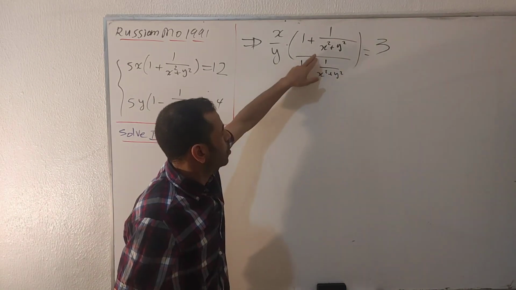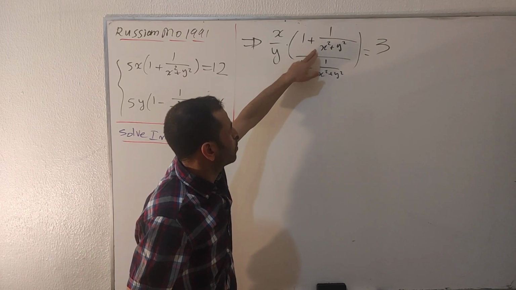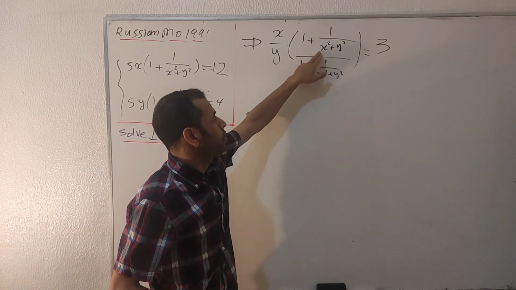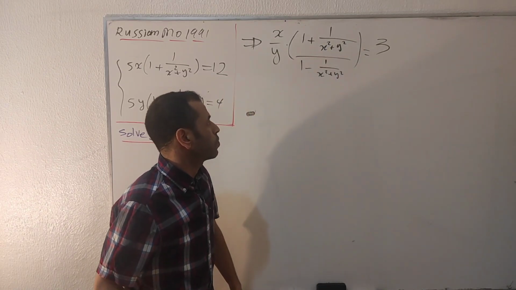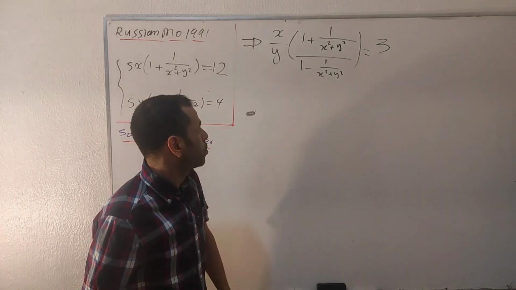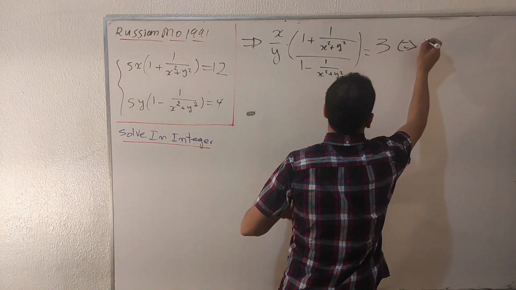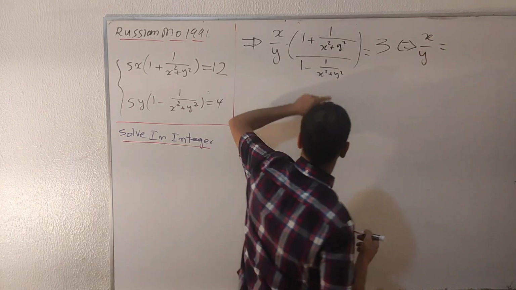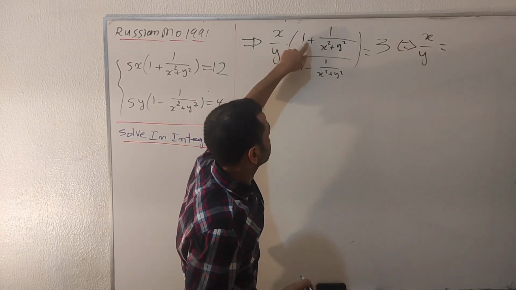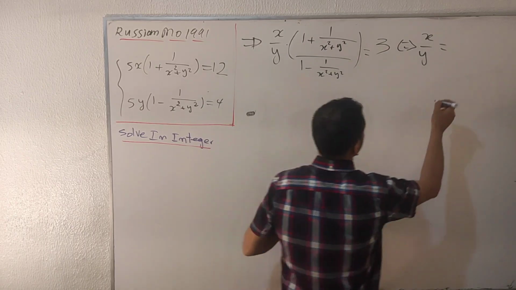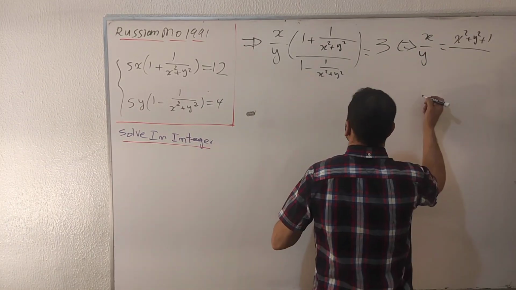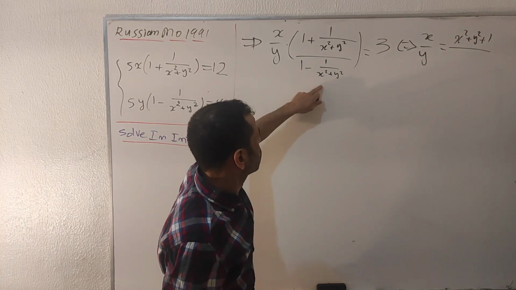The next thing up, I'm going to simplify this one and make x squared plus y squared a common denominator. So I will have x over y times x squared plus y squared plus number 1 as a numerator, then x squared plus y squared minus number 1.